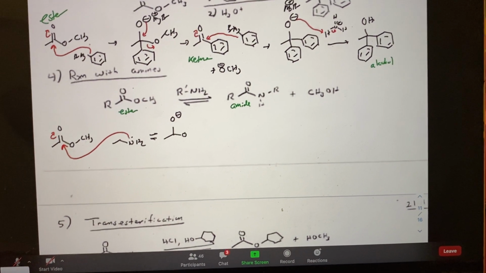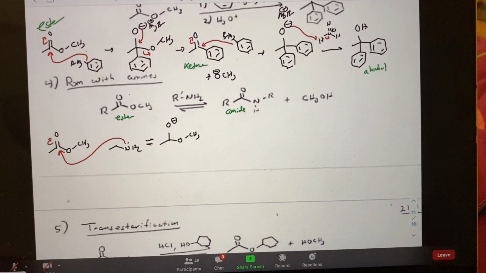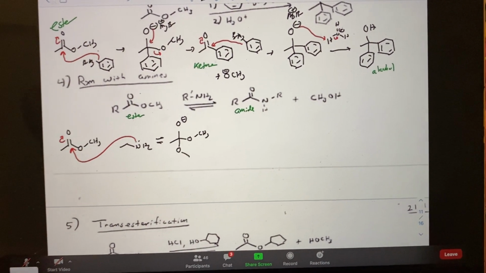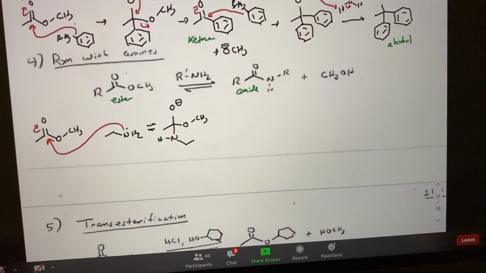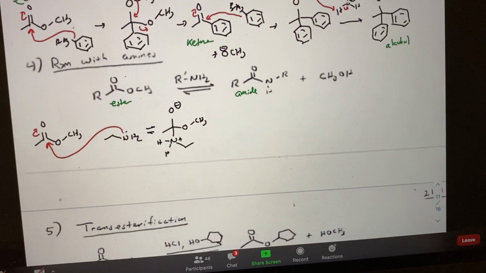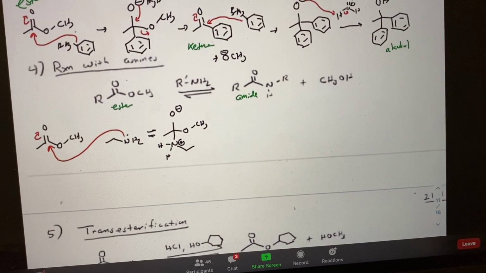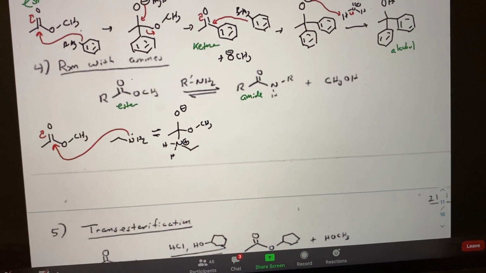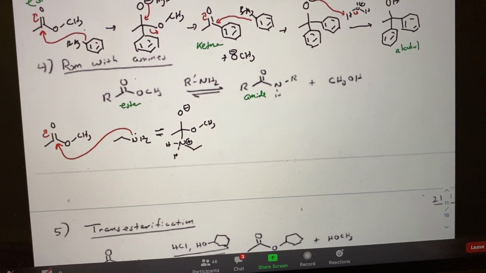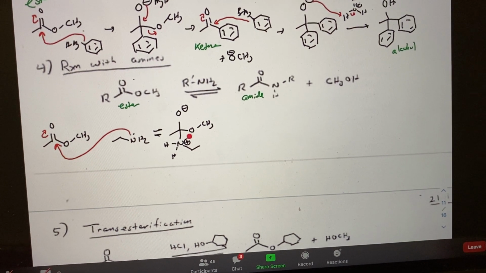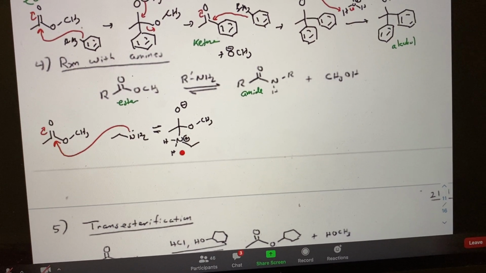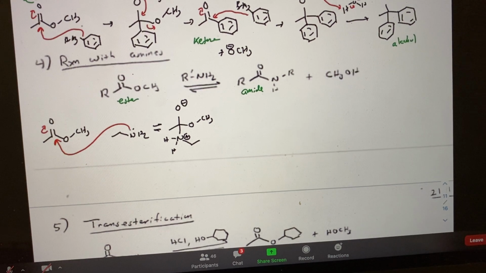We have our tetrahedral intermediate, and we drew an oxygen. So I might have something now that looks like this. And now what we need to do is kick out our leaving group, and we'll have to take care of a proton transfer in the end to end up with our amide.